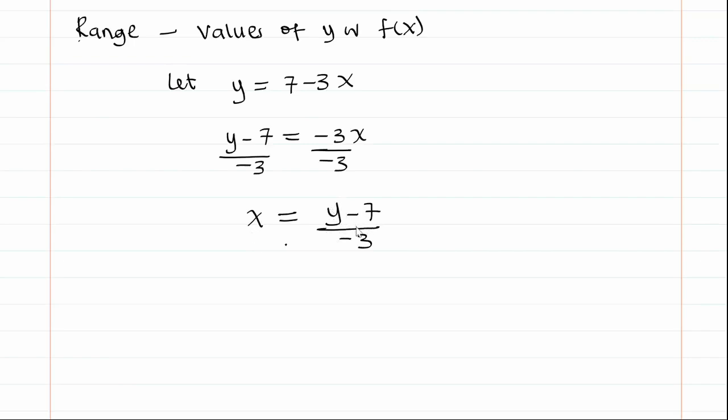Remember, this equation is linear. If we distribute the denominator, we shall have y over negative 3 plus 7 over 3. And for any real value of y that we substitute here, there is a real value of x.